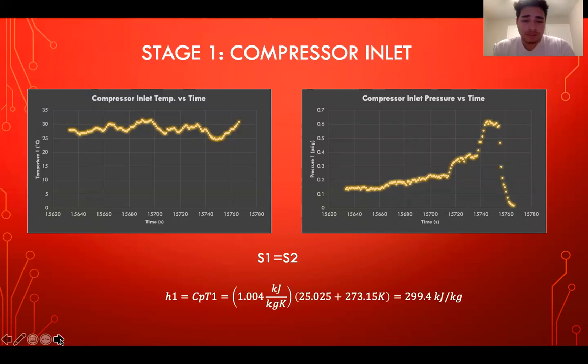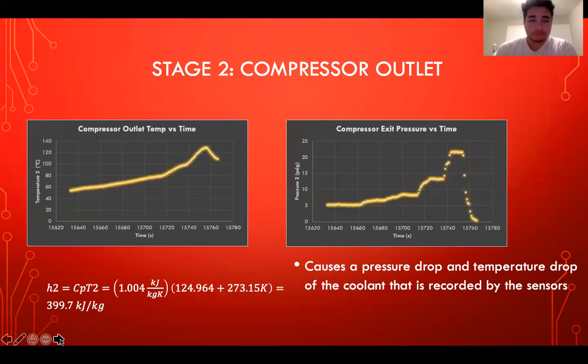Our enthalpy value for stage 1 is 299.4 kilojoules per kilogram, and that's found from doing Cp times T1. Our stage 2 compressor outlet also shows an increase of our outlet temperature, and our exit pressure is very similar to our compressor inlet pressure. Enthalpy value is 399.7.